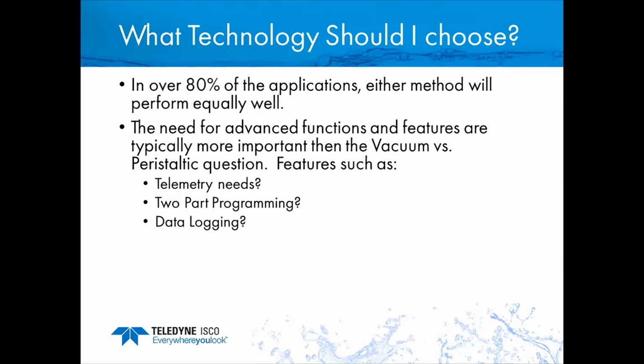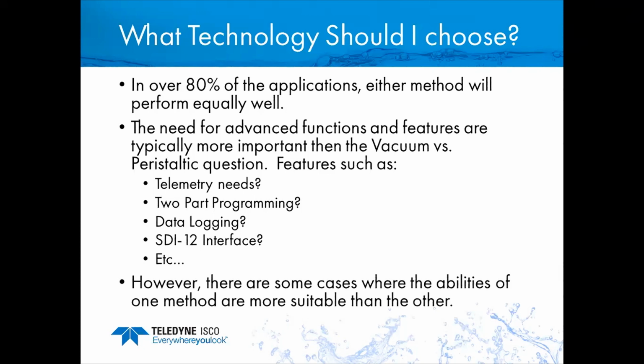Do I have other peripheral devices connected to my system that are monitoring things like pH, DO, turbidity? Is that interface for those other parameters via an SDI-12 interface? And there are a variety of other application functions and features that may lead you down the road from one particular product over another.